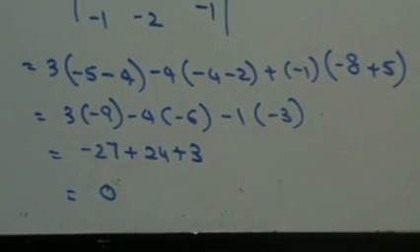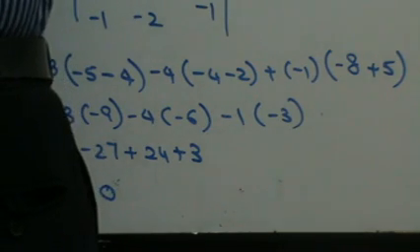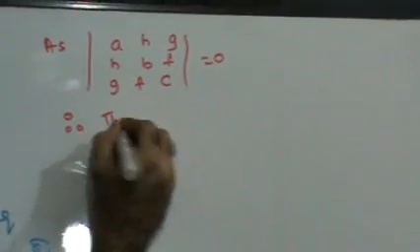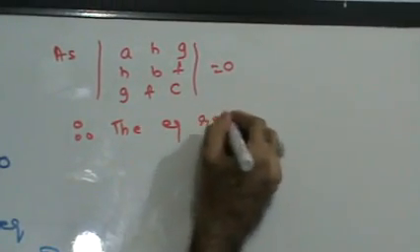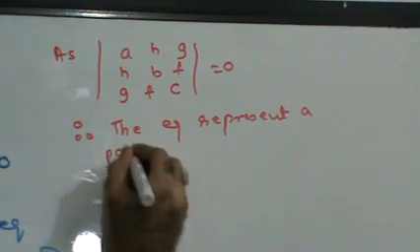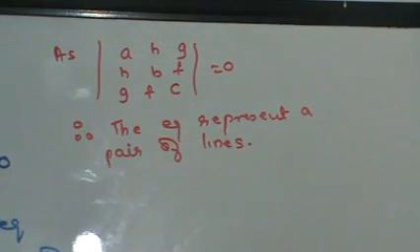You will say that determinant AHGBFFC is equal to 0. Therefore, the equation represents a pair of lines. Right? That's how you find out that the equation represents a pair of lines.